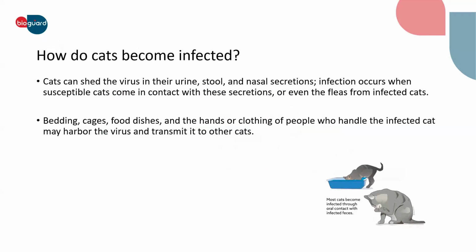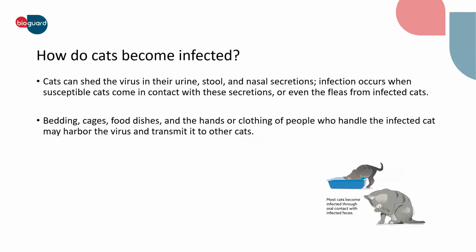So how do cats become infected with the FPV or CPV2A, 2B, 2C? Once the cat is infected with the virus, the cat can shed the virus in its urine, feces, and even nasal secretions.